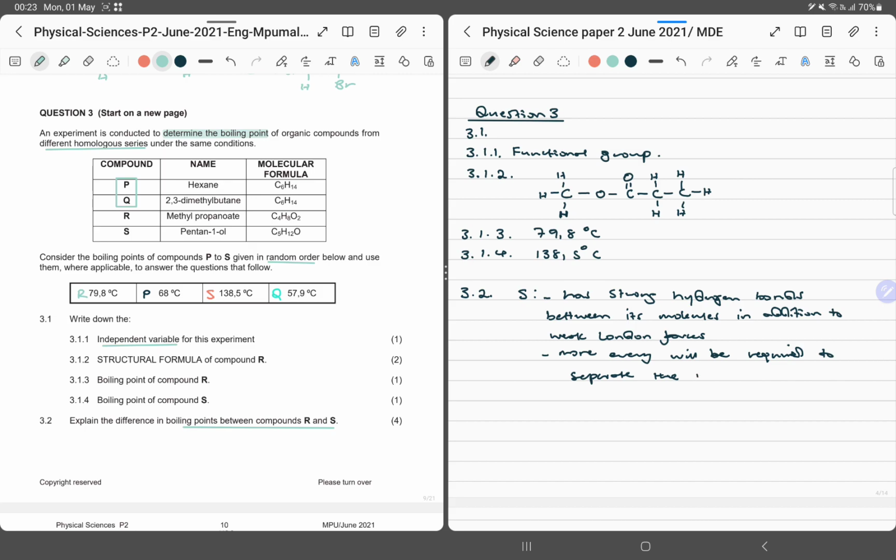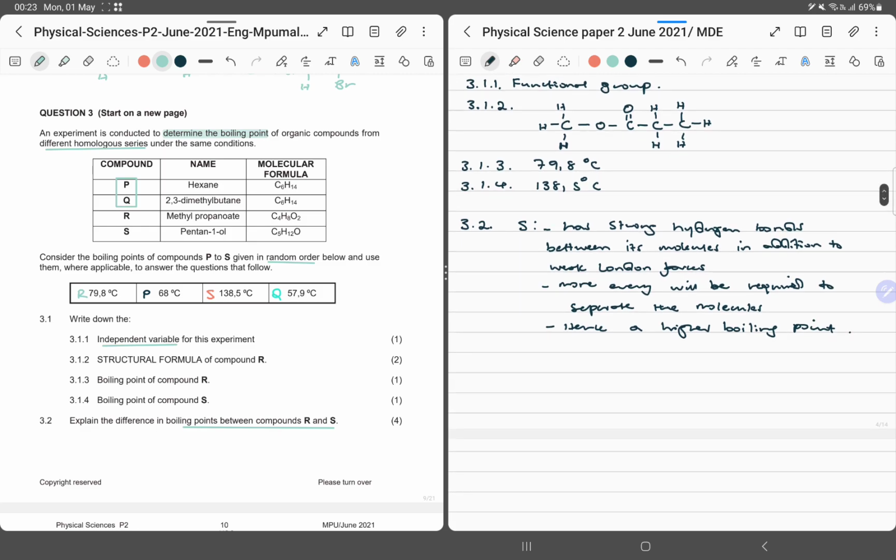Hence, a higher boiling point, not brewing. Okay, and then of course you can write stuff about compound R if you feel like you can, but I like to complex my arguments.